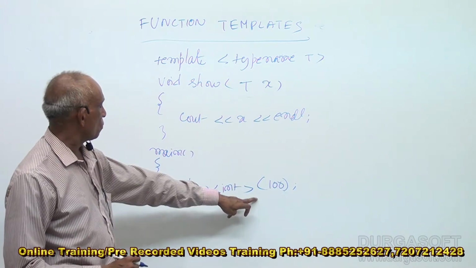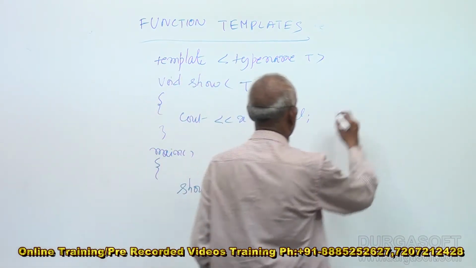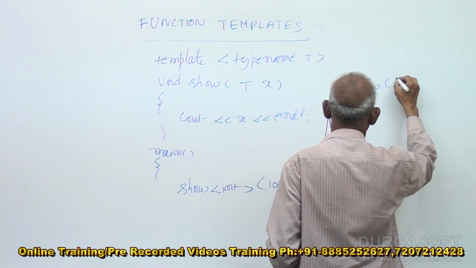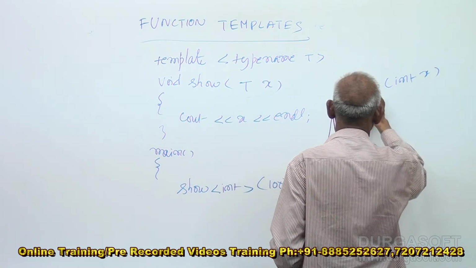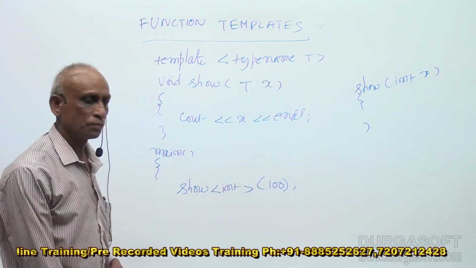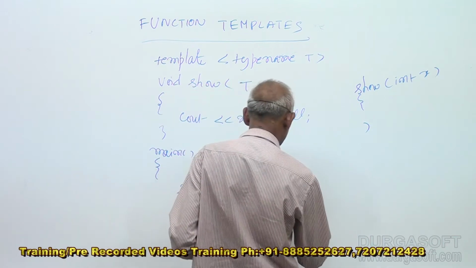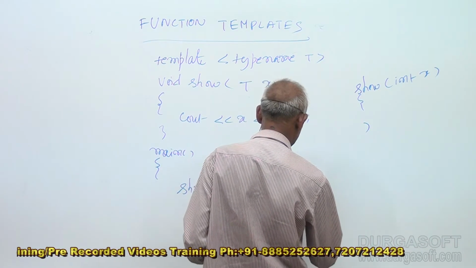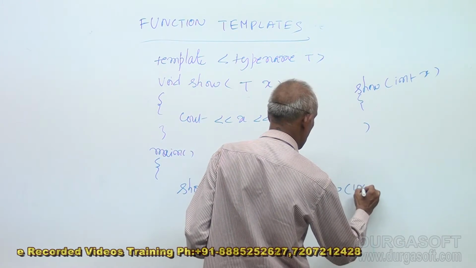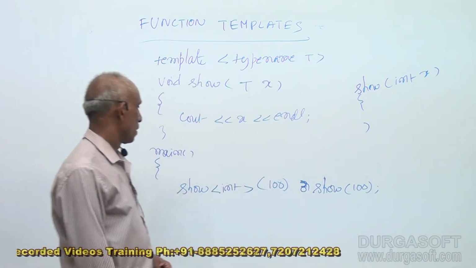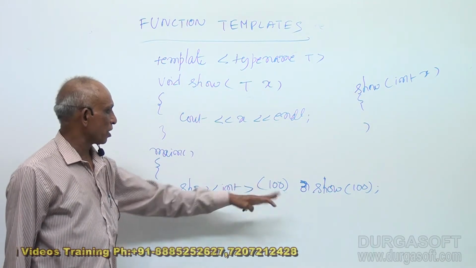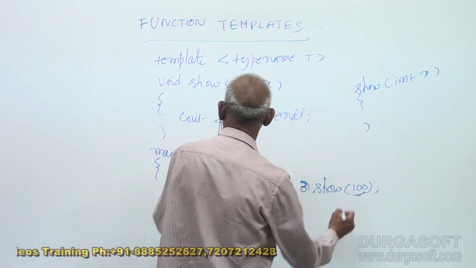It's like calling show int x function. This you can also call directly without this, show(100), means this int is optional. Automatically, depending on the parameter, it will take the required version.